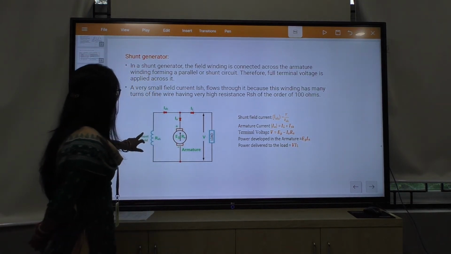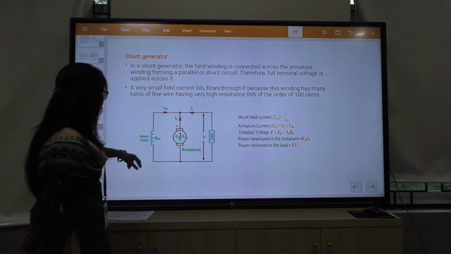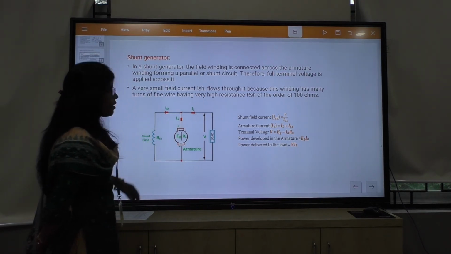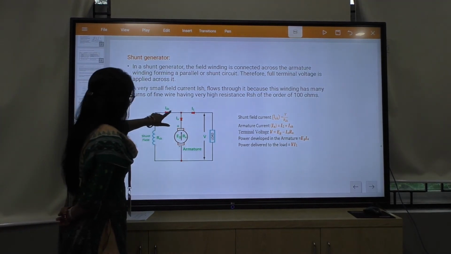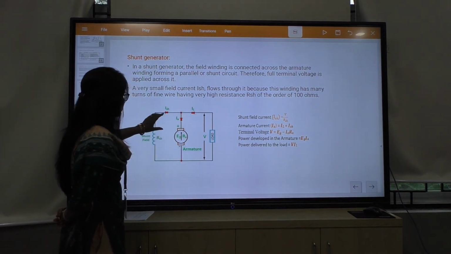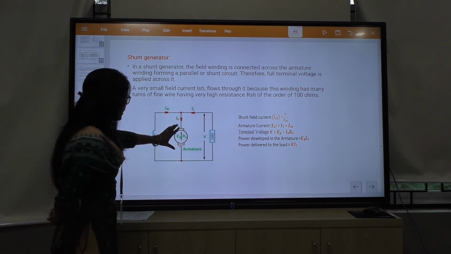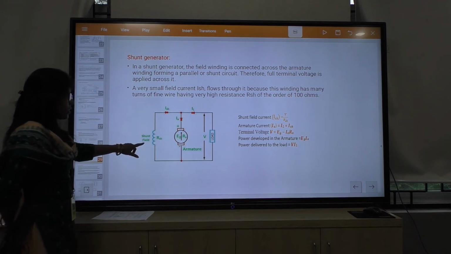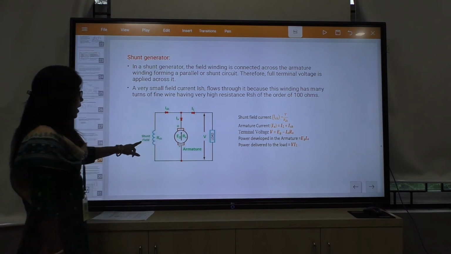The shunt field winding is made of many turns of fine or thin wire, which has very high resistance, of the order of 100 ohms. So, the shunt field current is equal to the voltage across the shunt field winding, that is our terminal voltage V, divided by the shunt field resistance Rsh. So, Ish is equal to V by Rsh.